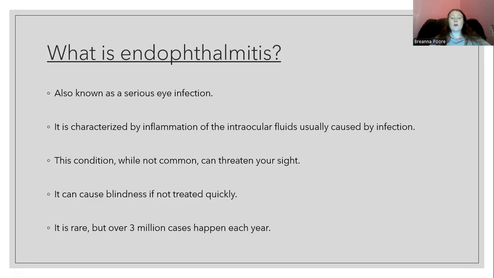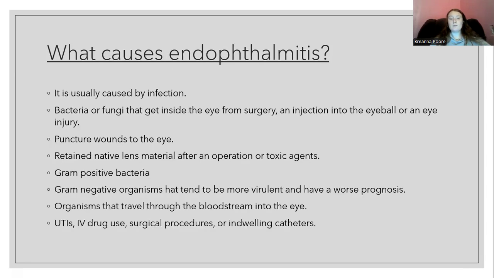And it's rare, but there are over 3 million cases that occur each year. What causes it? Infection. Either bacteria or fungi gets inside of your eye whenever you have surgery. If you're getting an injection in your eye, or you have an injury to your eye, it can happen.